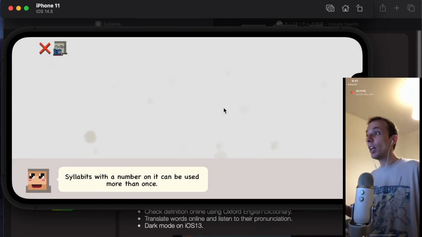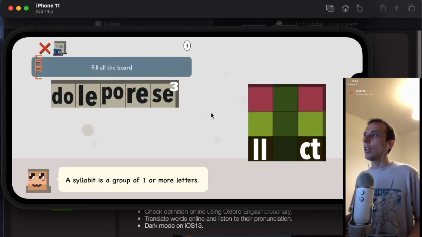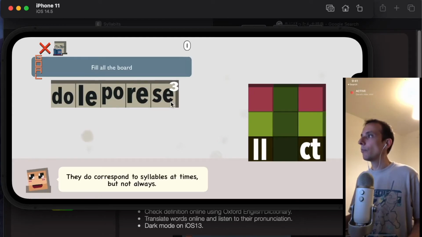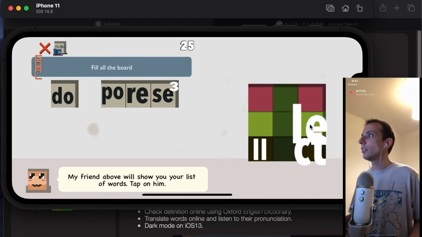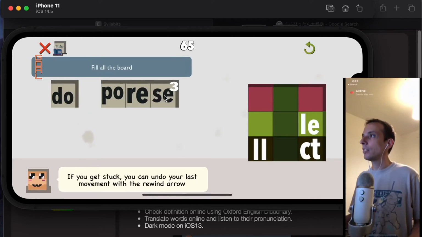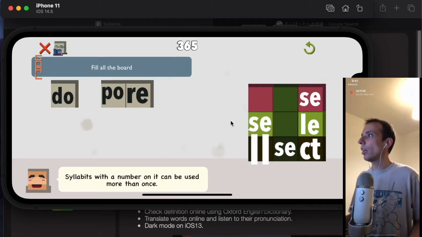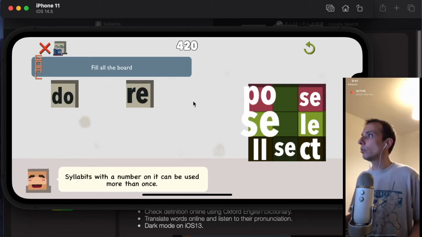Okay, syllabits with a number on it can be used more than once. So you have these three. So I have three say. You can see immediately, probably you can make cell, sect, but I'm gonna put lect in here because I can see that I can make a longer word with select, and now sect, and now cell, and now pose, for instance.